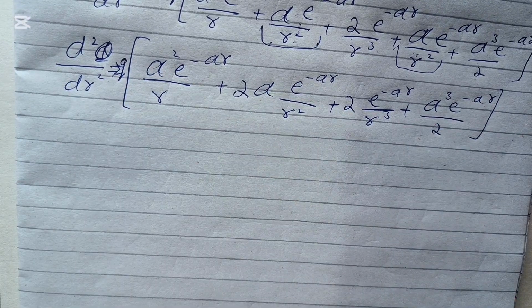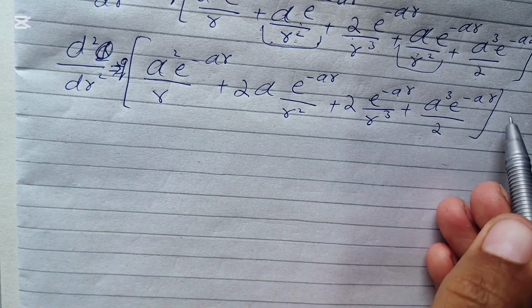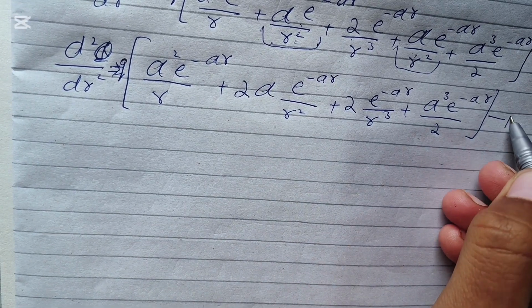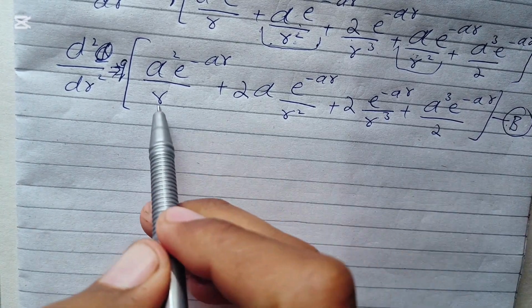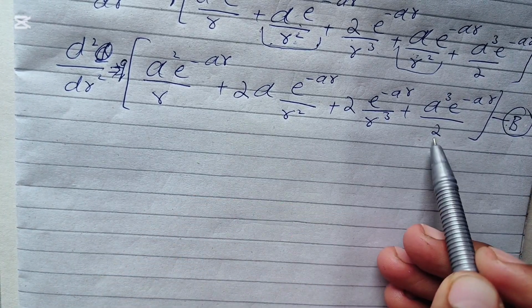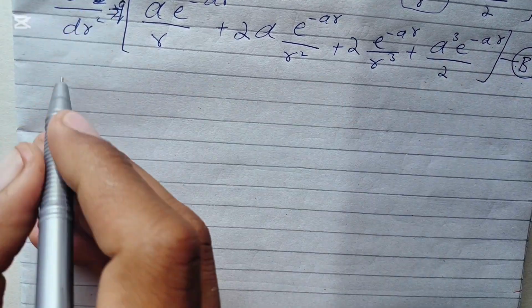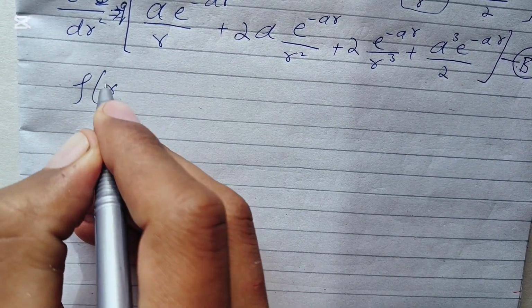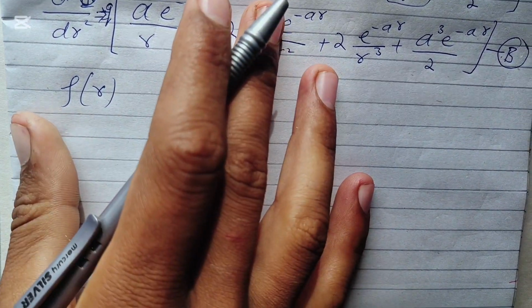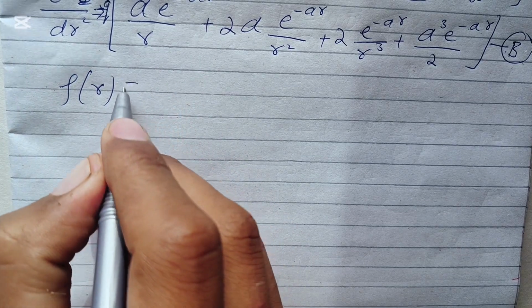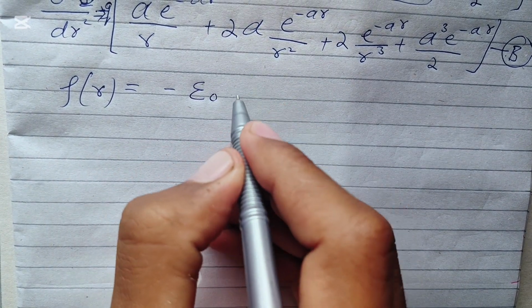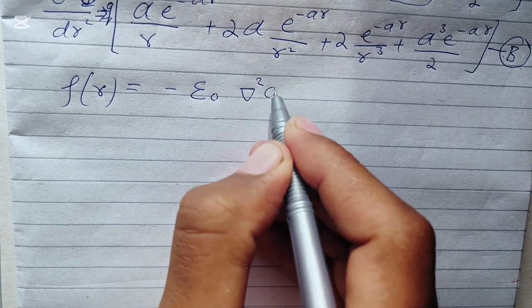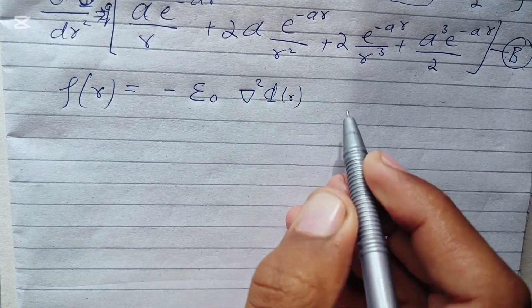Now put this equation, let's say this is equation capital B, in Poisson's equation, which will become equal to rho r. This is Poisson's equation, del square phi of r.